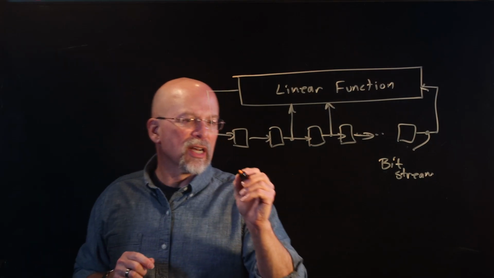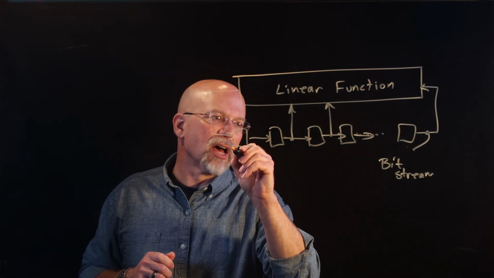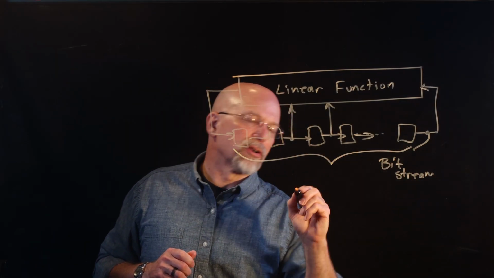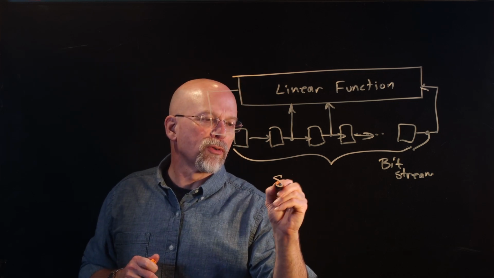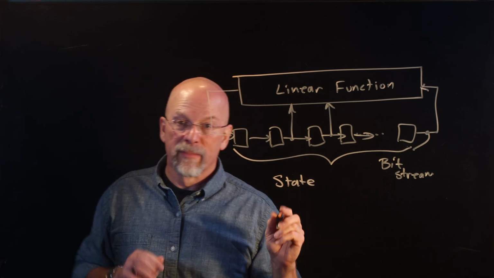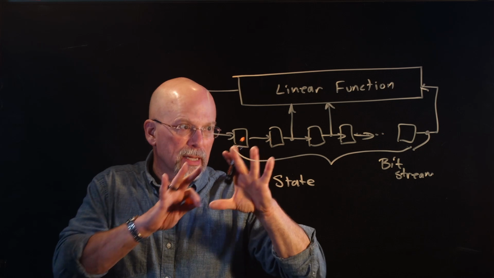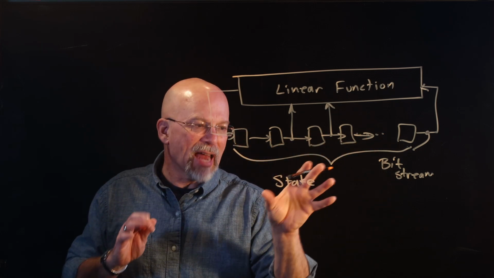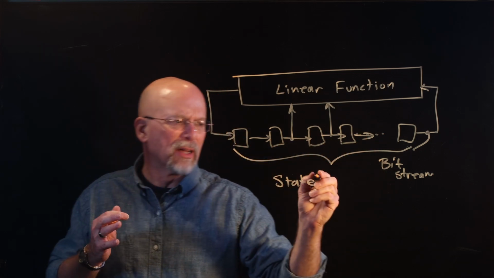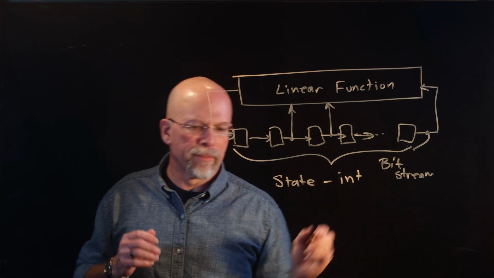First of all, we're going to need to have the contents of this shift register. And those contents we're going to refer to as the state. So the state, depending on the number of bits, is just going to be an integer, right?